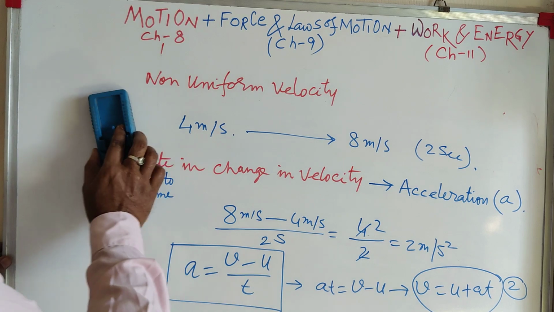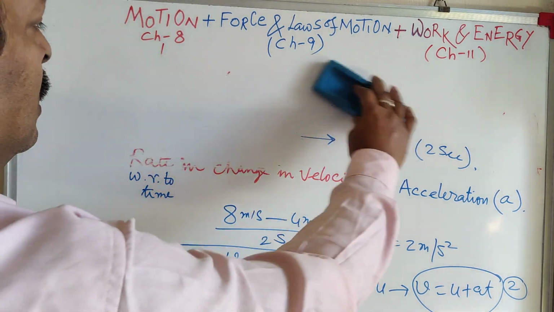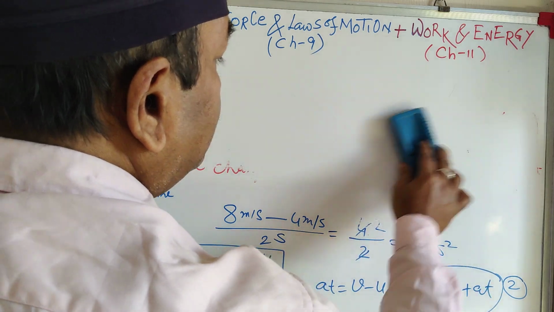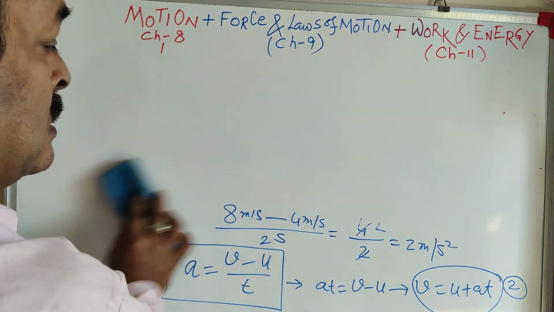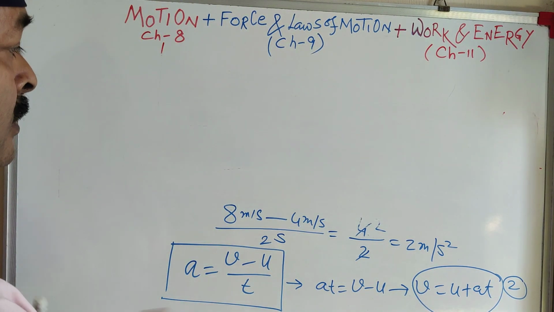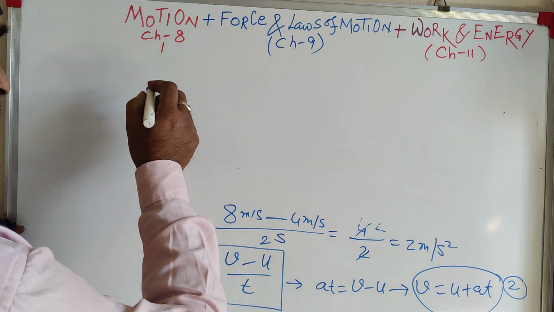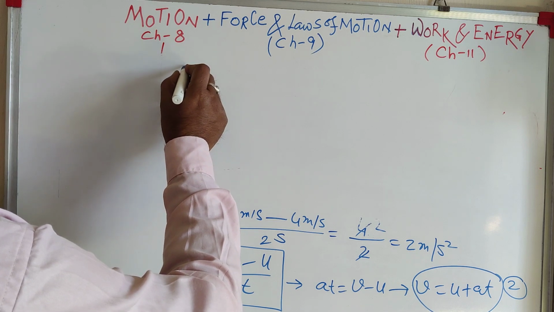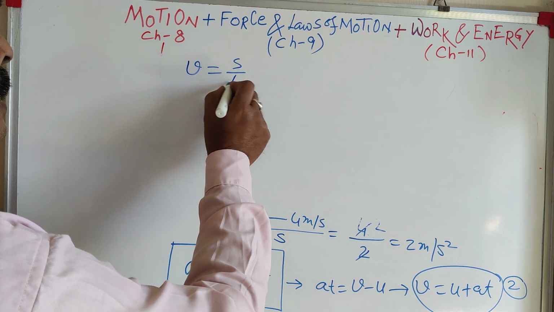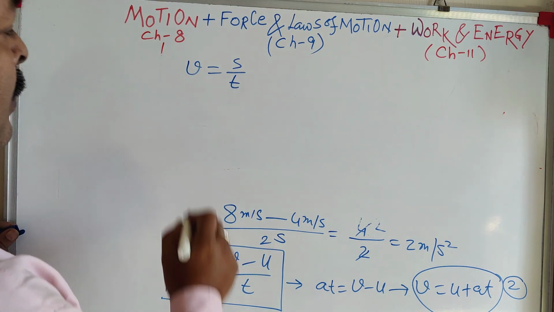I am not going into great detail on the formulas because then the video will be very long. To keep it short, I just write down the formulas. The first formula, V is equal to S upon T, is for uniform velocity.